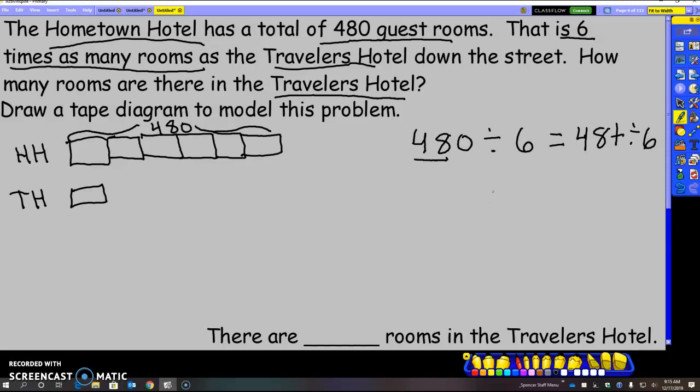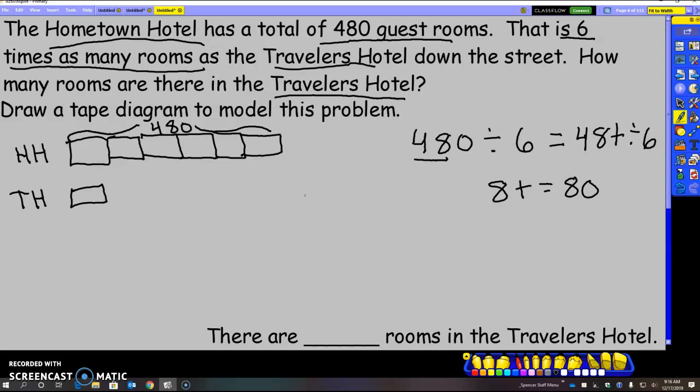Okay, 48 divided by 6 is 8 tens, which gets me 80. Okay, so the Travelers Hotel is an 80-room hotel. Okay, using unit form, we can break down these multiples of 10, 100, and 1,000 to make the division easier.